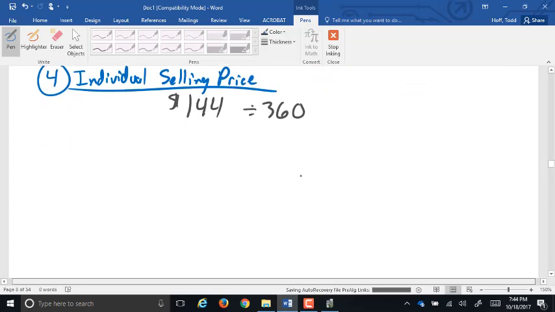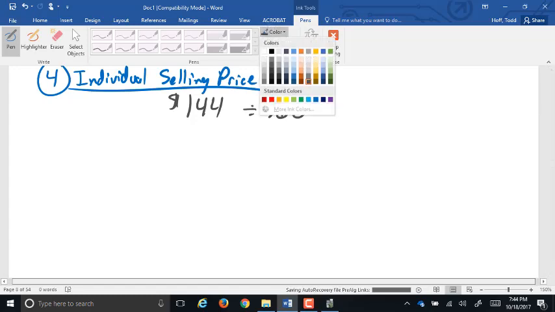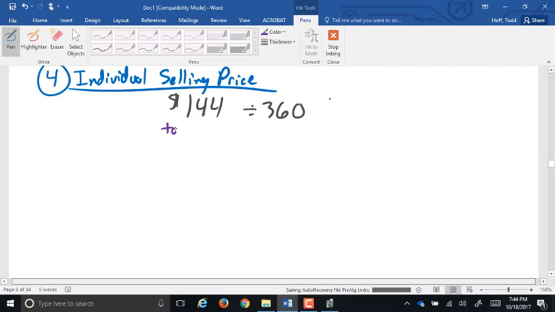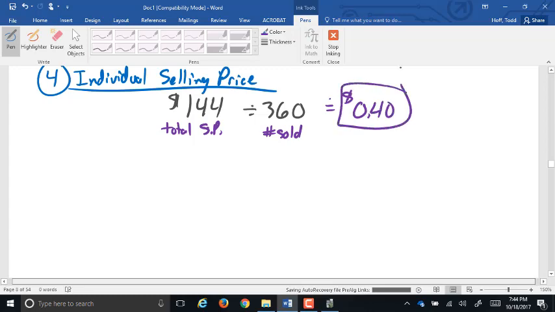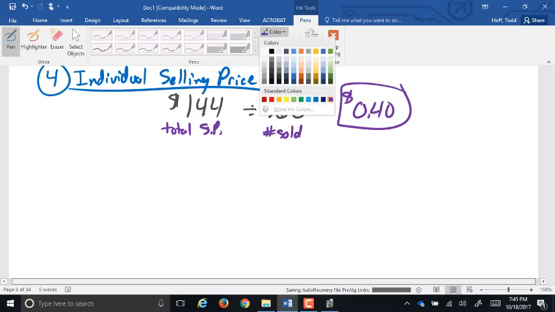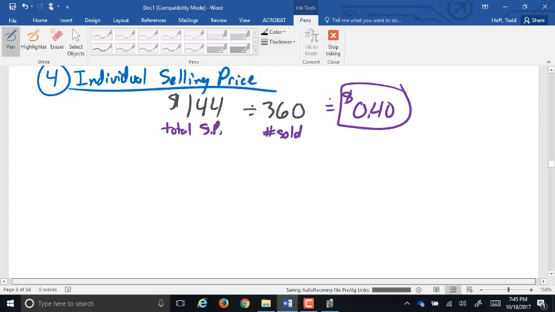So what we have here, that's the total selling price. This is the number that are going to sell. What's that come out to be? 0.40. So they would need to charge 40 cents a cookie to get their money back out, plus their profit. Not so bad.